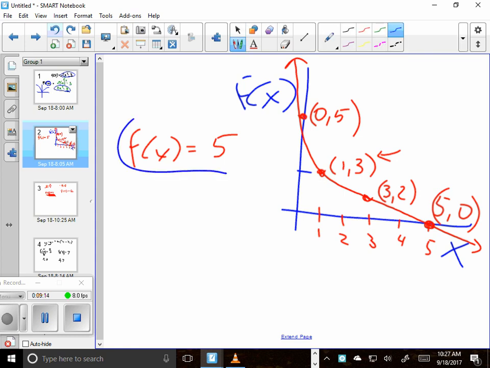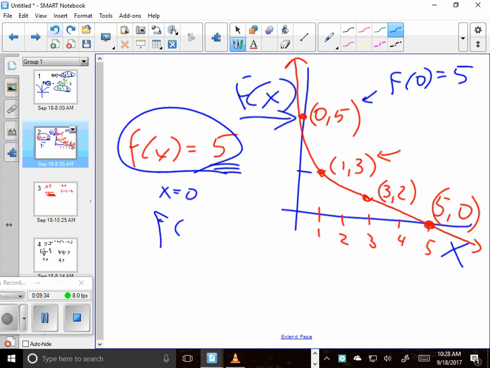So on this, did I tell you x or did I tell you y? I told you y. Y is 5. Here's where y is 5. And then I go, oh, there's the point right there. And it's 0 comma 5. That also, if you're getting used to it, if you write that point out, that means f of 0 is 5. And we already have the 5 part, so they're just asking me to say that x equals 0. Or f of 0 is 5.